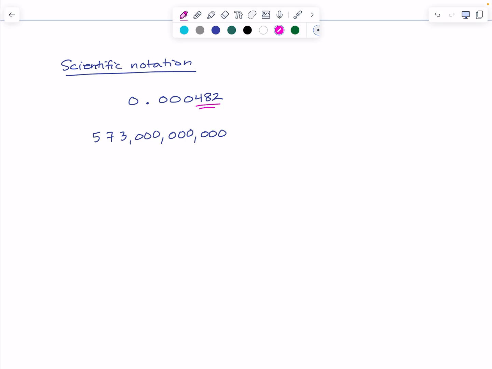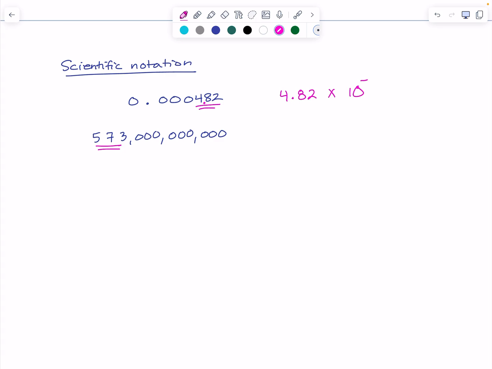So I'm going to put my decimal in between the 4 and 8. So it's going to be 4.82, and it's going to be times 10 to the something. If it is a tiny number, as it is up here, it is going to be a negative exponent. If it is a large number, it's going to be a positive one.